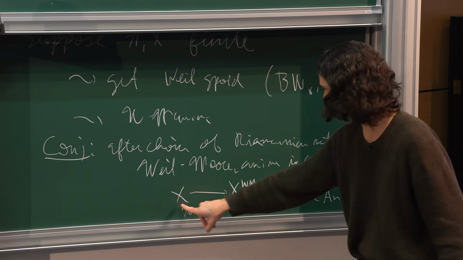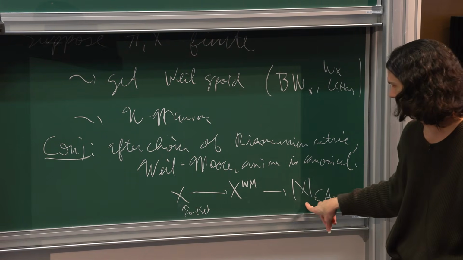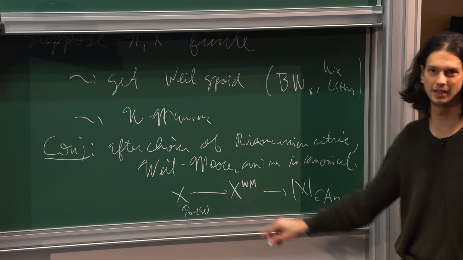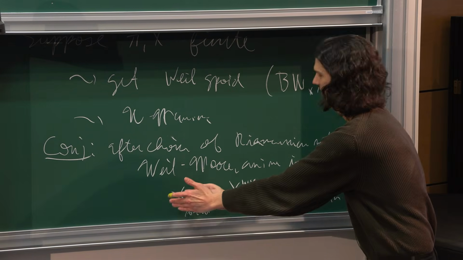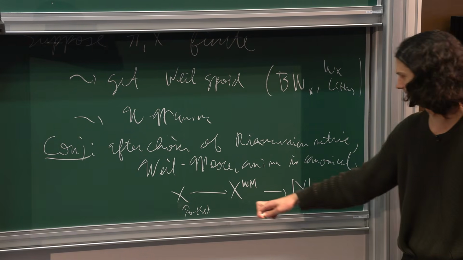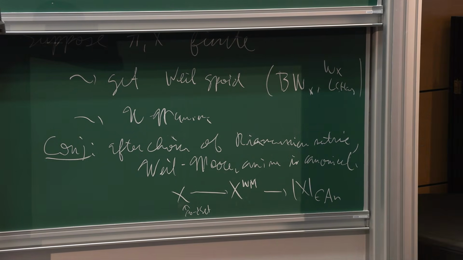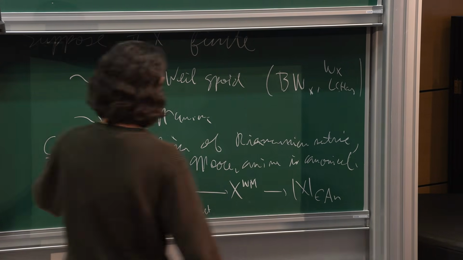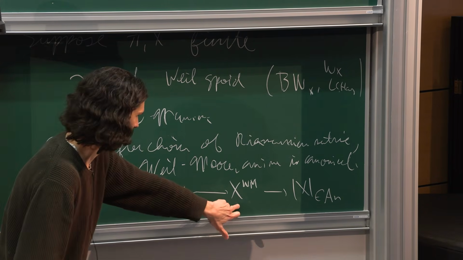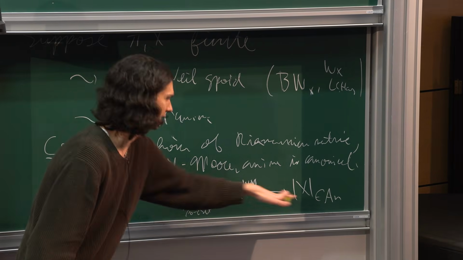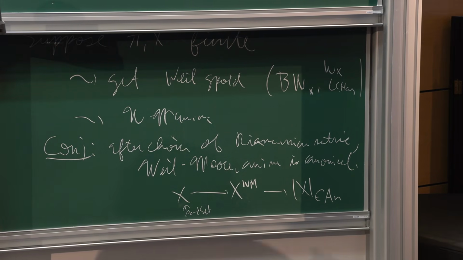And this will factor through this Weil-Moore anima. So this is something that's going to sit in between the point set topology of X and the homotopy type. It's some kind of geometric refinement of the homotopy type. And I would expect, again, that if you choose a Riemannian metric, then this whole diagram should be canonical, or there should be a canonical way to write down this whole diagram.